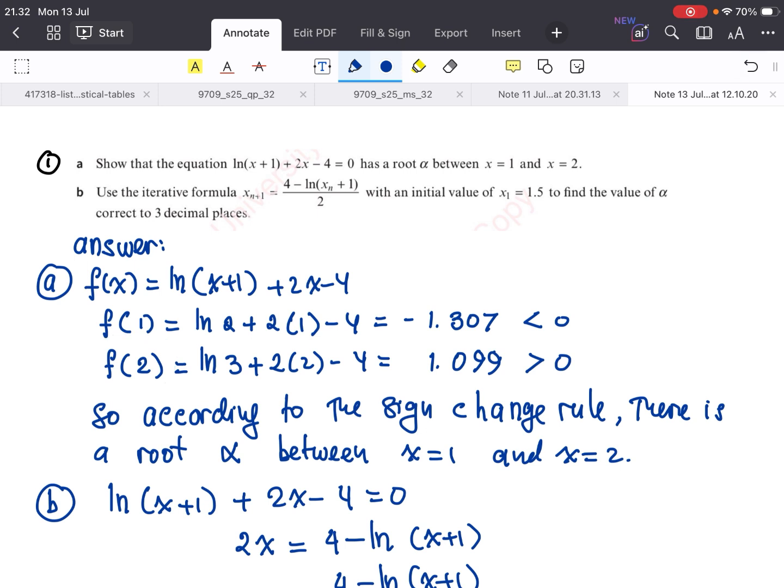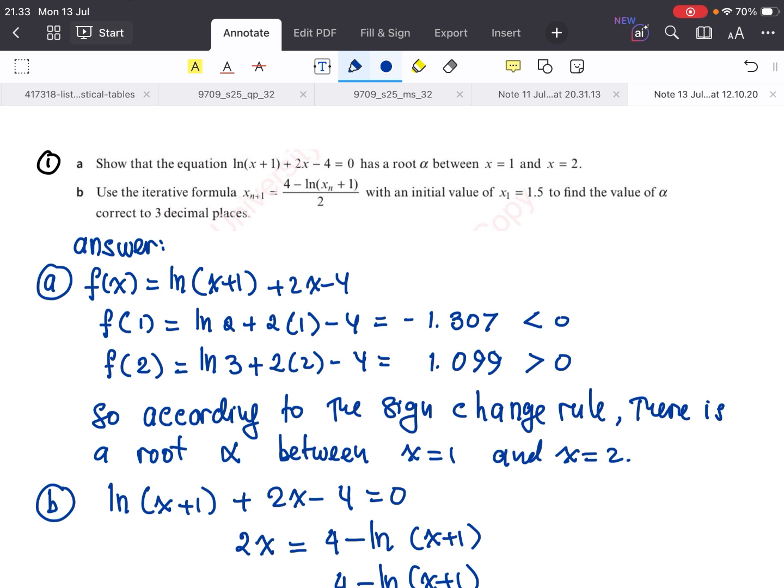It turns out that when x equals 1, the value is negative, and when x equals 2, the value is positive, 1.099. So the conclusion, according to the sign change rule, is that there is a root alpha between x equals 1 and x equals 2. So we have answered question part A.